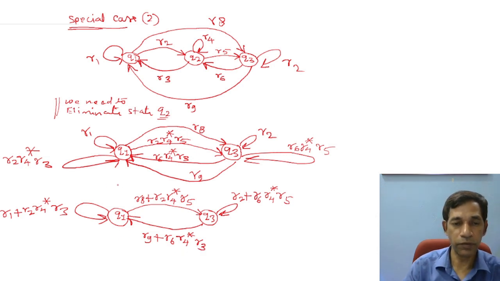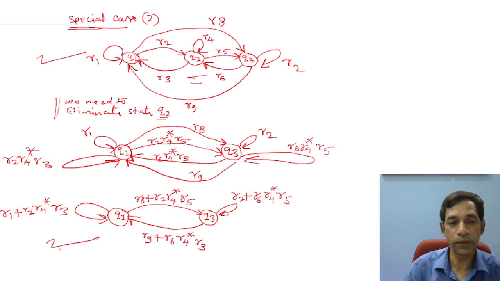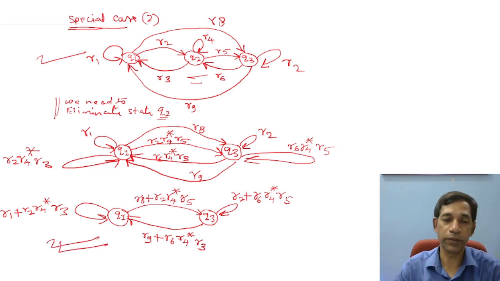So now you are going to obtain the machine like this. Once you have eliminated the state Q2, you obtain this simplified transition graph. This is the way you can simplify.